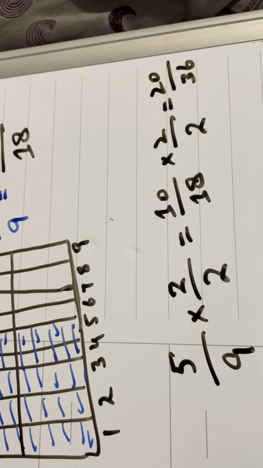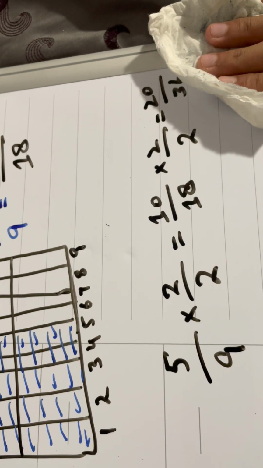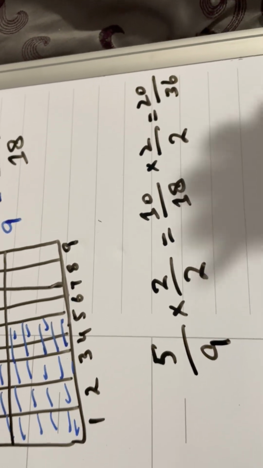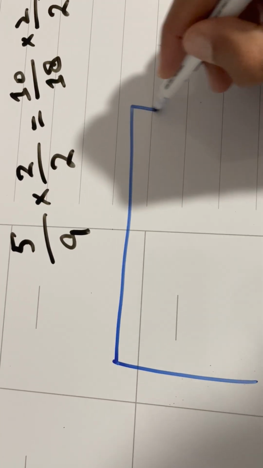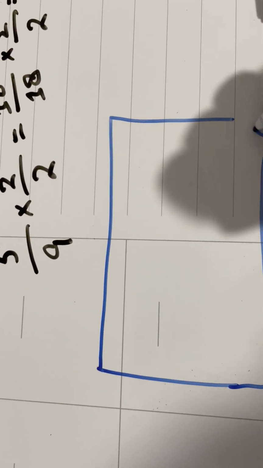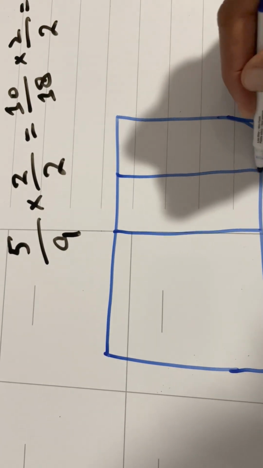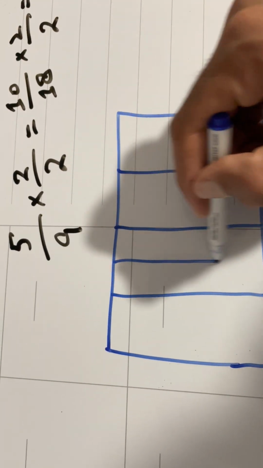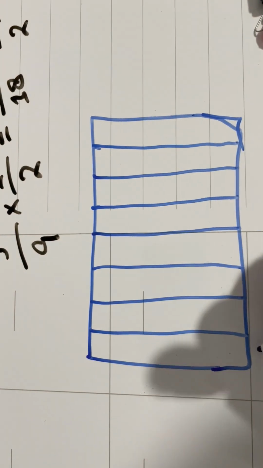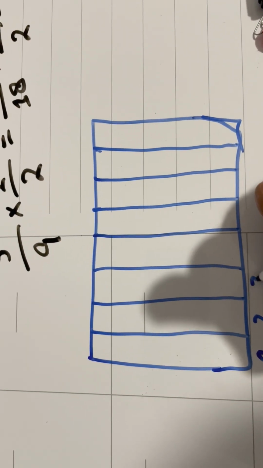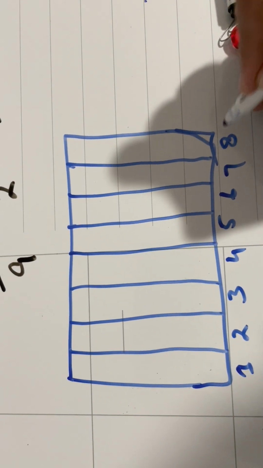Now, for example, if we have another question, let's say we have another rectangle here, and we have overall 8 parts of this. This is 1, 2, 3, 4, 5, 6, 7, and 8.